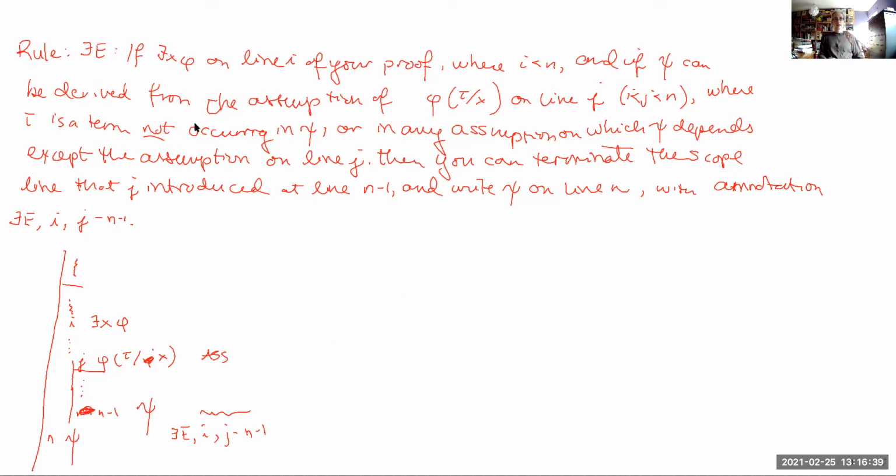So first, you need to check that the constant doesn't occur in psi, and then you need to check that it doesn't occur in any assumption on which psi depends, except the one in which you introduced it. Once you've done that, then you can apply the rule and you're done. You're safe.